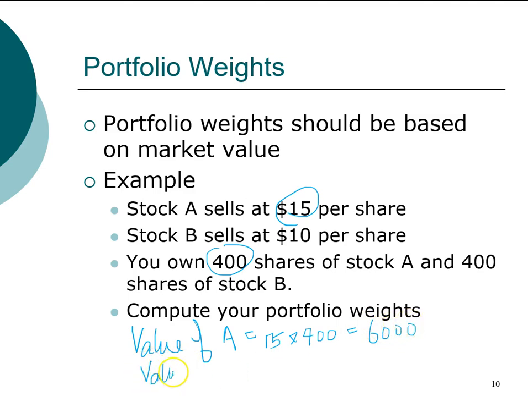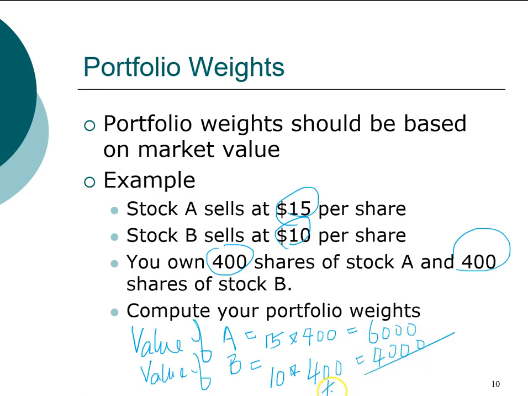And the value of stock B in your portfolio is $10 per share times 400 shares, and that is worth $4,000. So that tells us that the total portfolio value that you own altogether is $10,000.